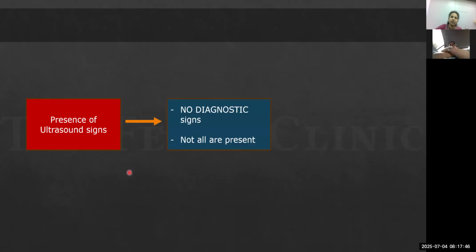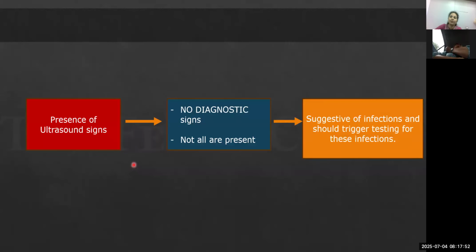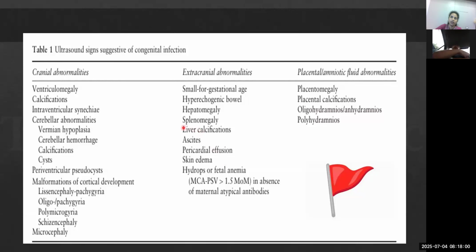There are no diagnostic signs as such, and all the signs need not be present in a single fetus. Signs suggestive of infection should further trigger testing for these infections. Some of the ultrasound signs suggestive of a fetal congenital infection can be cranial or extracranial abnormalities, and some involve the fetal environment.